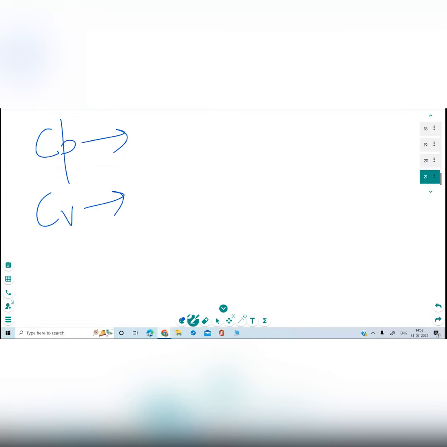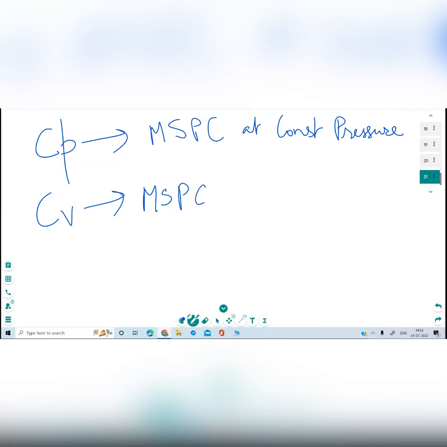Molar specific heat capacity at constant pressure. And this will be Cv, molar specific heat capacity at constant volume.